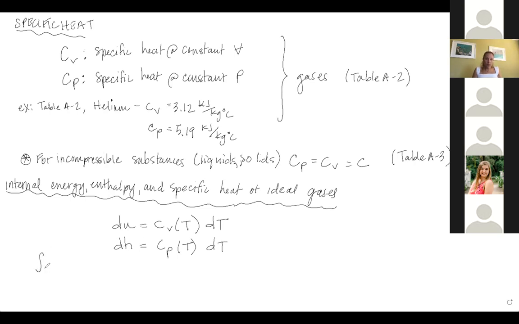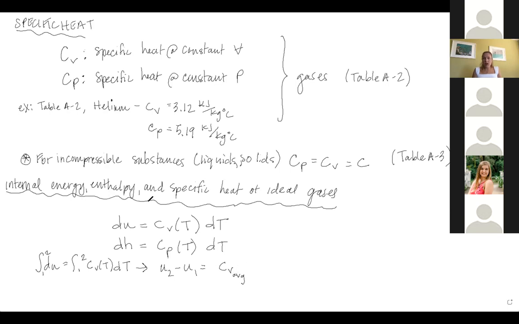If we integrate this change in internal energy from point 1 to point 2, or initial to final, whatever you would rather label it, and integrate the other side of the equation, the specific heat at constant volume for a given temperature times the change in temperature, this gives us the internal energy at point 2 minus the internal energy at point 1 equal to the specific heat at constant volume average.